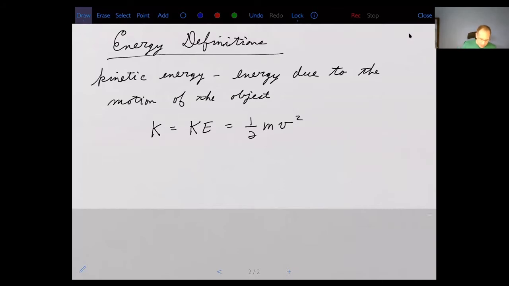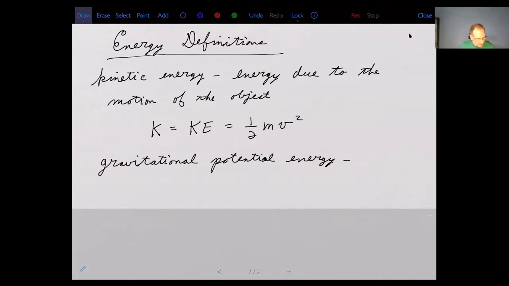Also, the other type of energy we'll need is something called the gravitational potential energy. And this is really the energy due to the interaction between like two objects.